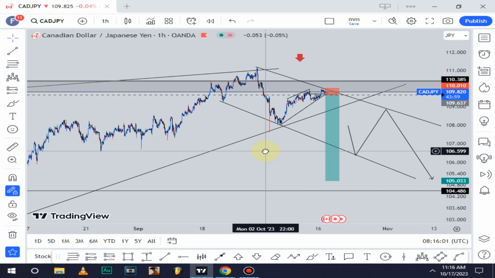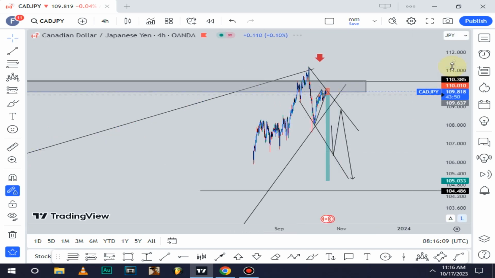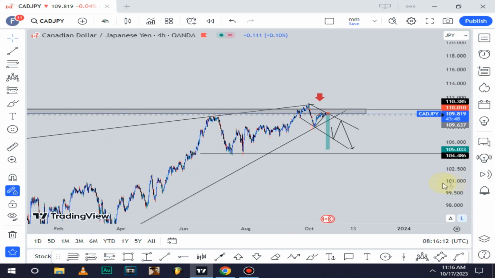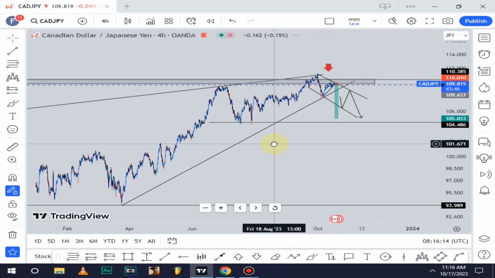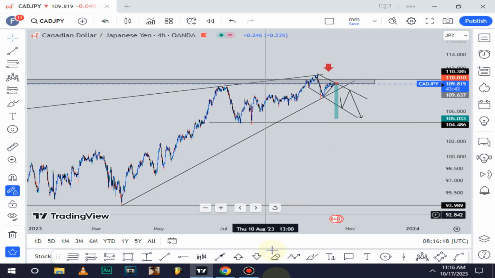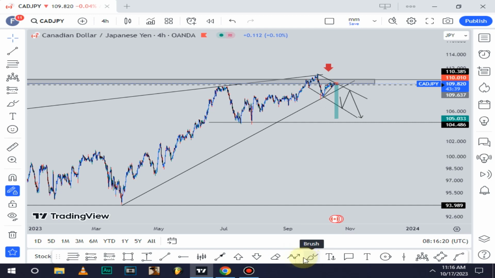Everything was great. I had the right confidence, but then price decided to stop me out. So let me just go back to the H4. When I looked at this market nicely once again, I did zoom in. I did zoom in with my eyes, guys. I did notice that this was the mistake, guys. The market was still in an uptrend.